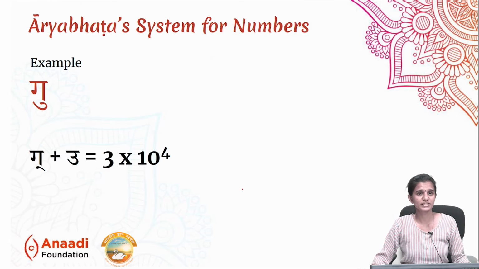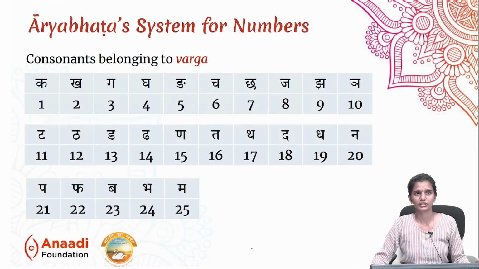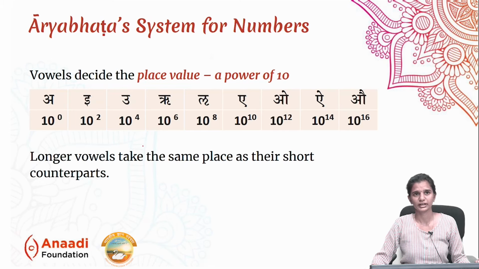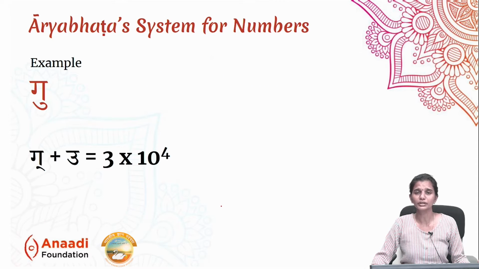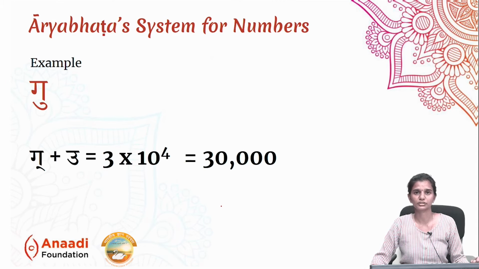So we see the table and see that the value of u is 10 to the power 4. The value of G, the consonant, is 3. So the value for the letter Gu is going to be 3 into 10 to the power 4. The value will be 30,000.